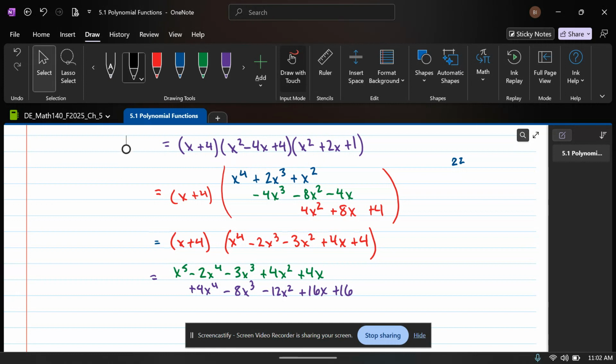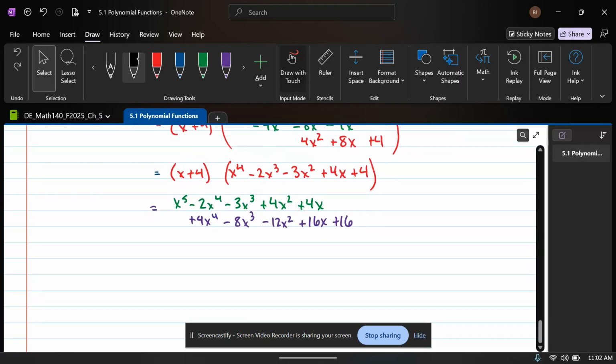And finally, how many operations is that? 1, 2, 3, 4, 5, 6, 7, 8, 9, 10 more, so we're at 32. Plus, putting it together. Dang it. It's not working right. Put that thing together, so add the like terms.